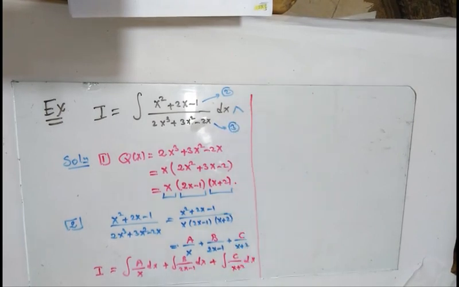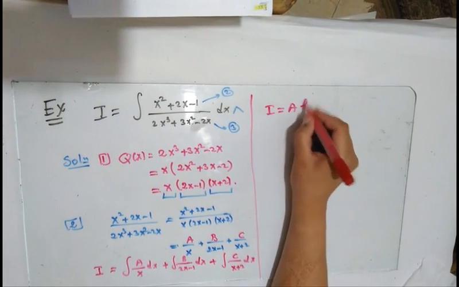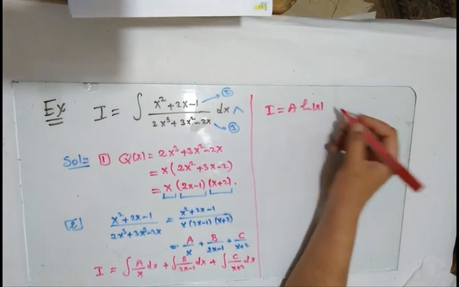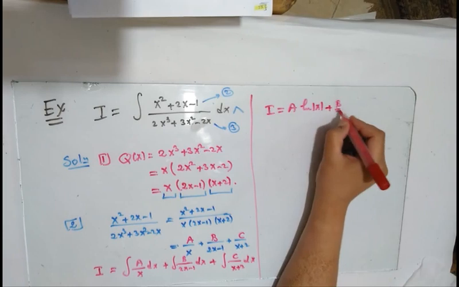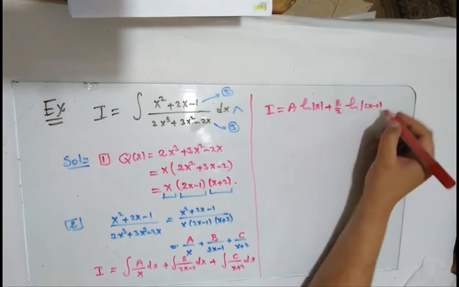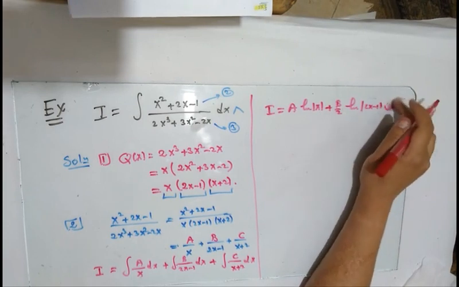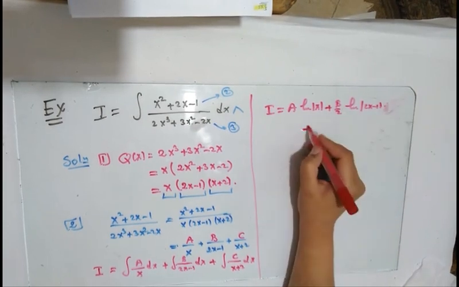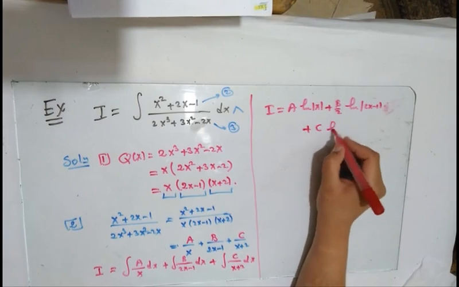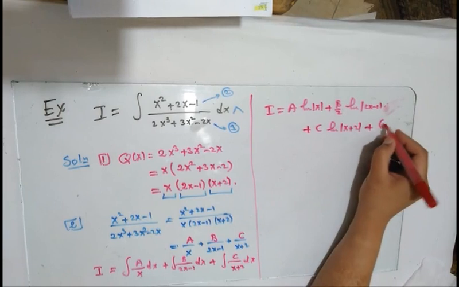So I will be a times ln absolute value of x plus b over 2 ln absolute value of 2x minus 1 plus c times ln absolute value of x plus 2 plus constant.